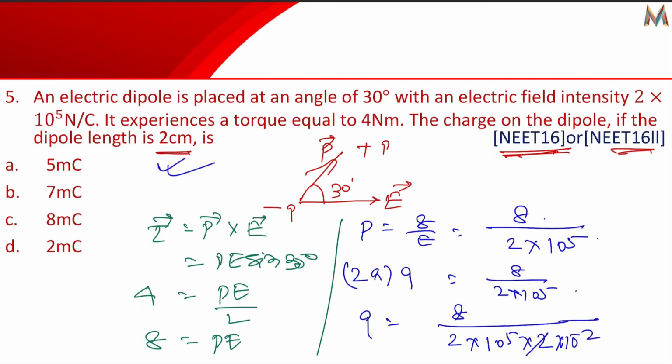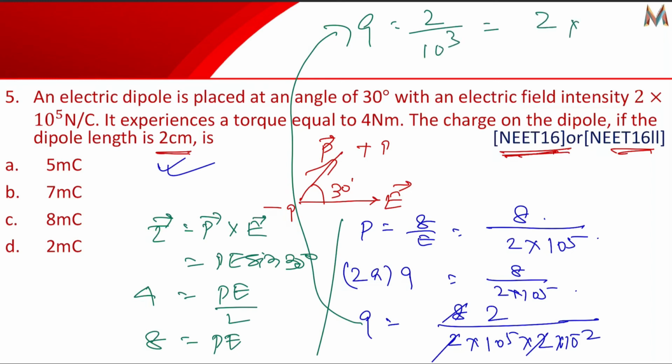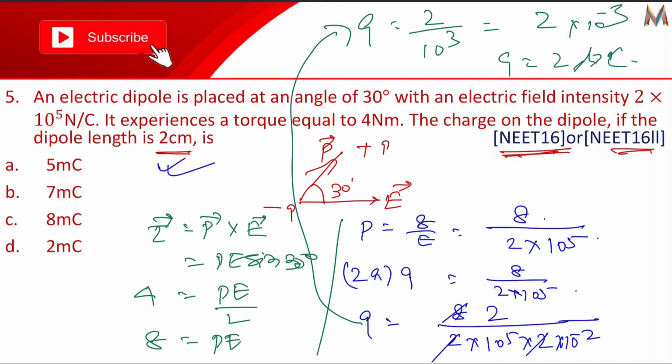By solving this, these two will get cancelled, and with this it becomes 8 by 2. So finally we can write Q equals 2 by 10 to the power 3, that will be equal to 2 into 10 to the power minus 3. That will become Q equals 2 microcoulomb. 2 microcoulomb, that will be the Q.